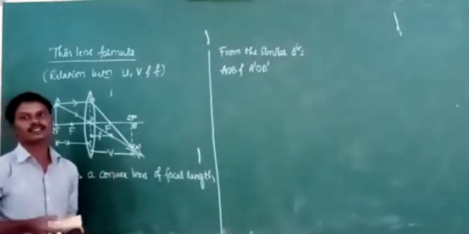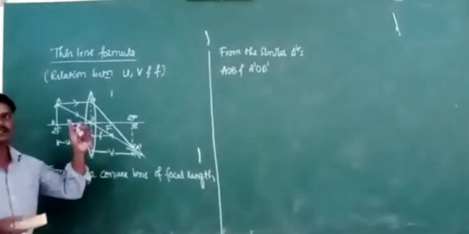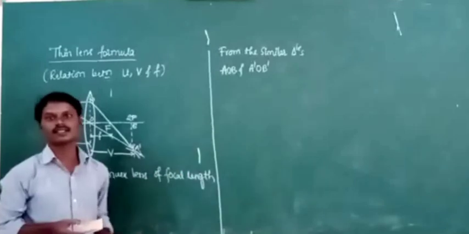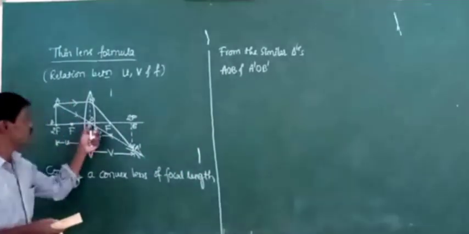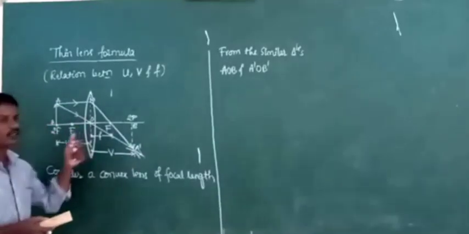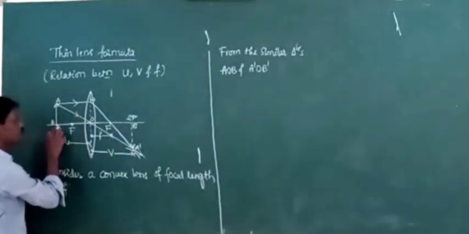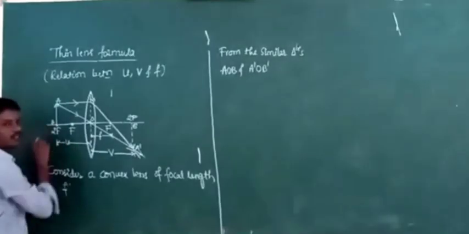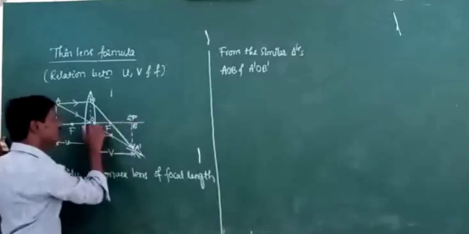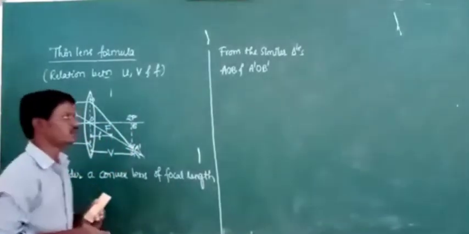Now, by taking the ratio concept, if the triangles are similar, we take the vertical side ratio equal to the horizontal side ratio. Which is the object triangle here? AOB is the object triangle because AB is the object. And which is the image triangle? A'B'O is the image triangle because A'B' is the image of the object.